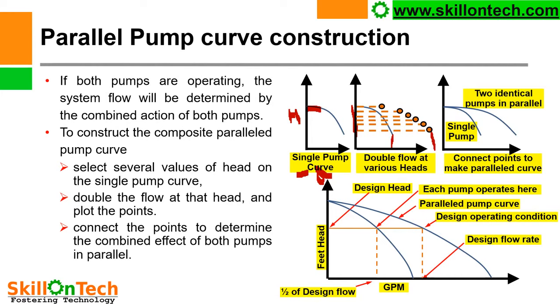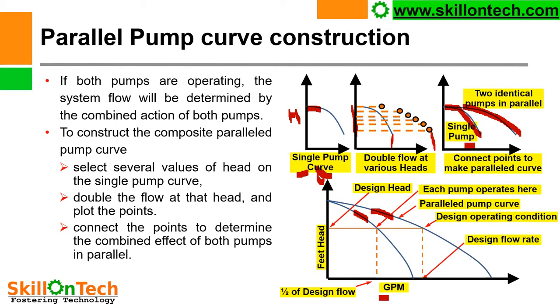So here in this picture you can see both pumps. This is the characteristics curve of a single pump, and this is the characteristics curve of parallel pumps. Here you can see this is head in feet and this is flow. This is the curve of a single pump and this is the HQ characteristics curve of a double pump.